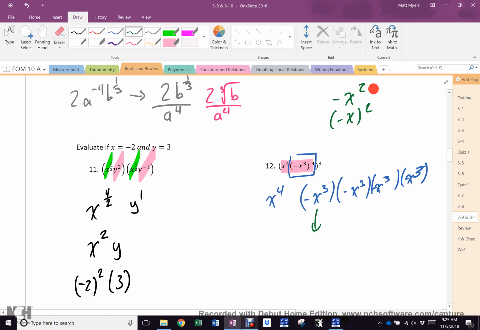What's this really? Negative x times x. What's this really? Negative x times negative x, yes? Which of those two do I have here? Top one or the bottom one? Look closer. I have the top one, don't I?